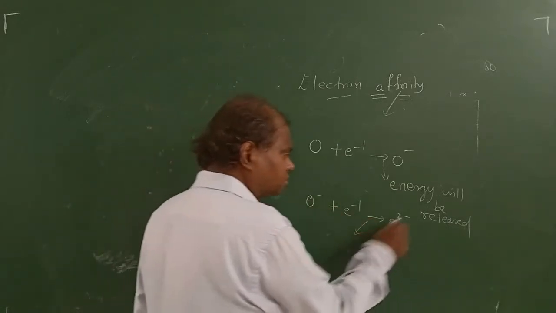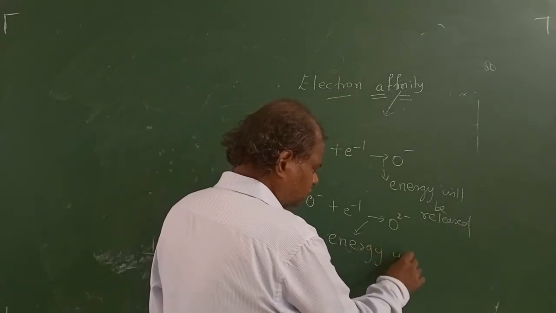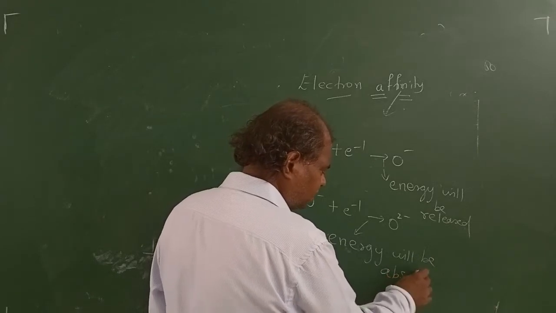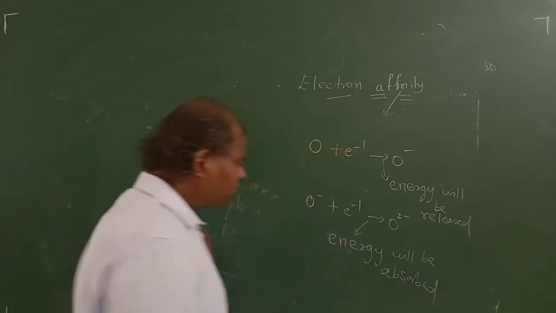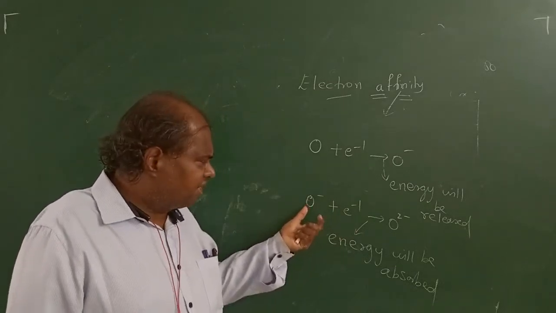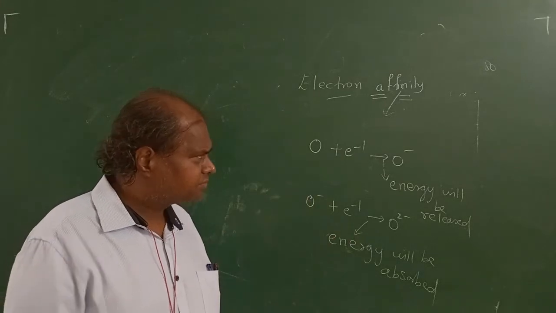So here, instead of energy released, energy will be absorbed. You have to supply energy. What is the meaning of you have to supply? You should force the electron into O minus. It doesn't readily accept it. Just force it, right? So you have to supply energy. Very important.